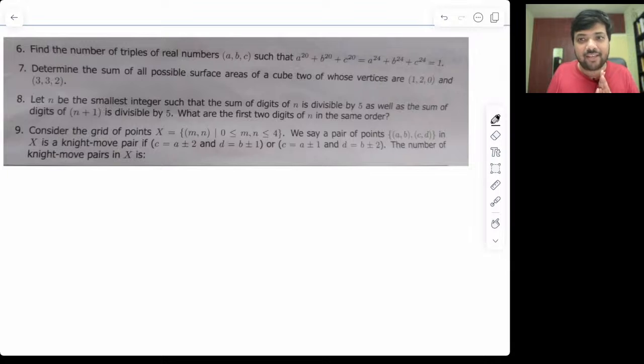Did you guys solve it? What did you guys do here? Let's see. I think it's plus or minus 1 maybe, right?